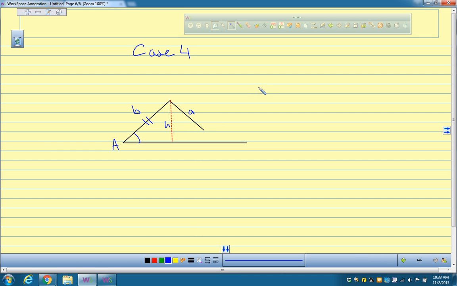But if A is bigger than H, but less than B, then I have two triangles. Okay? Let me see if I could drag this one.